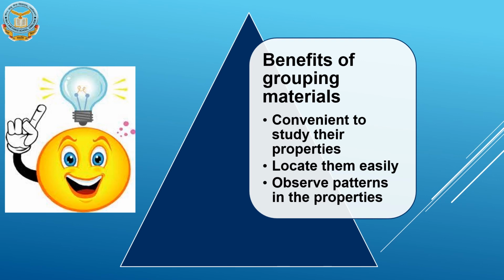Similarly, a grocer usually keeps all types of biscuits at one corner of his shop, all soaps at another, while grains and pulses are stored at some other place. There is another reason why we find such grouping useful. Dividing materials in groups makes it convenient to study their properties and also observe any pattern in these properties.